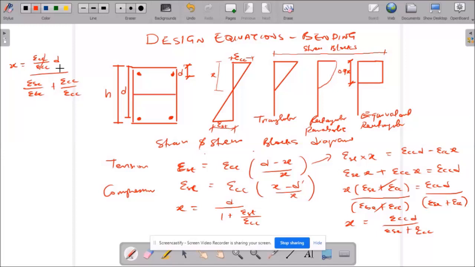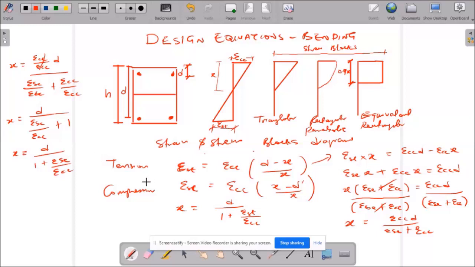So this cancels this. What will be left here? x will be equal to d over Est over Ecc plus 1. So that's how we arrive at this, because x is still equal to d over 1 plus Est over Ecc.